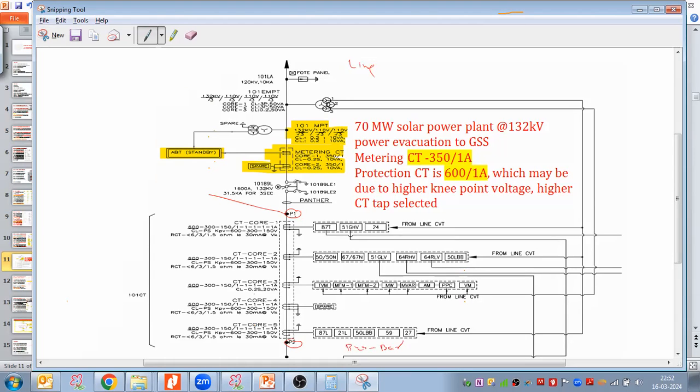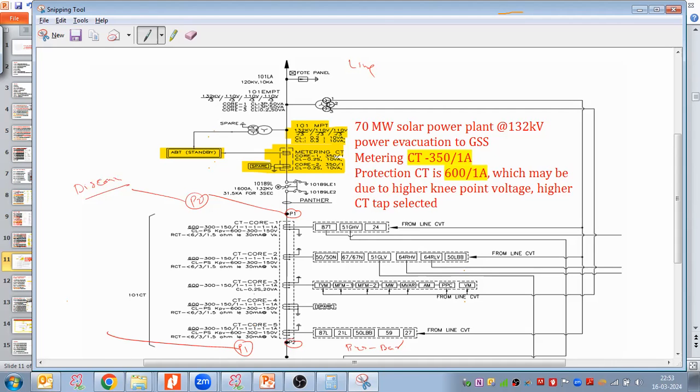Because this polarity was not clear in the beginning, we have marked it randomly, but I'm not sure at which revision point it will be updated. When it is updated, this polarity will be P2 here and P1 here. But again, we do not finalize this, and we discuss with the DISCOM or the client or the GSS what the remote end substation polarity is.